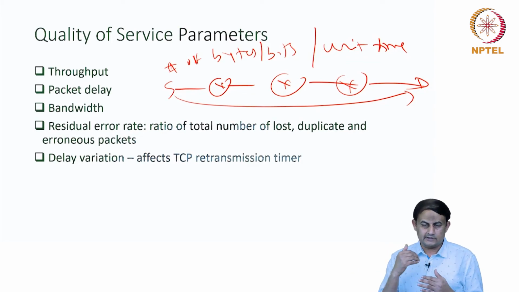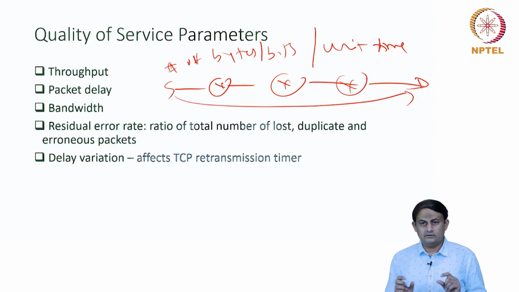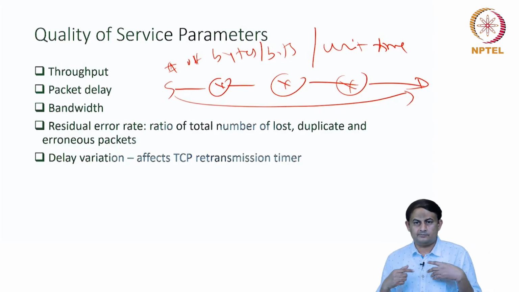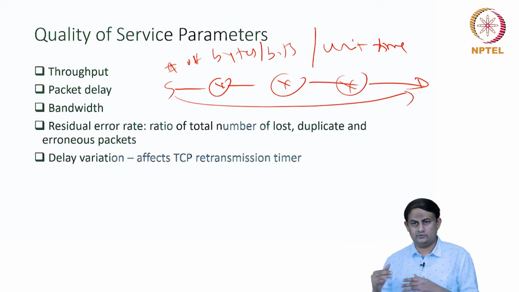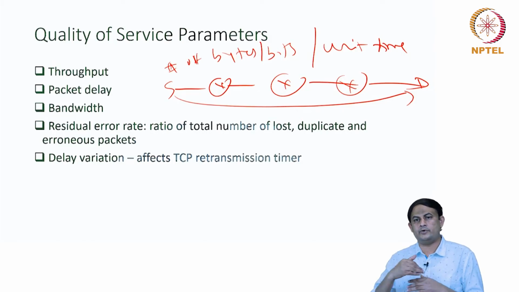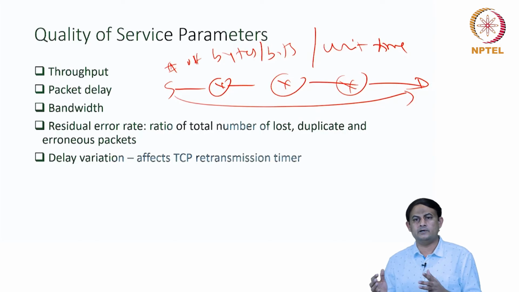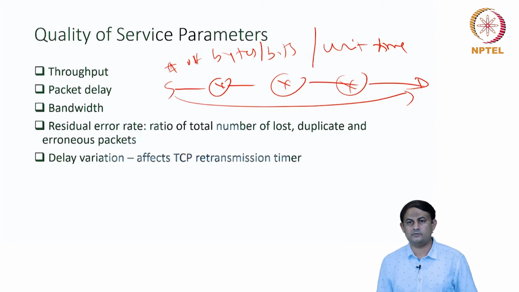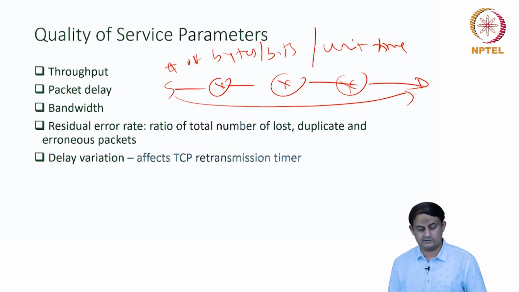So between successive packet arrivals at the destination, what is the maximum or peak delay that the application can tolerate? The inter-arrival time between the packets cannot go beyond a threshold, maybe 1 millisecond. So within 1 millisecond, if P1 has been delivered, in the next 1 millisecond P2 has to come to the destination. You can tell the network to deliver the packets in this particular fashion.